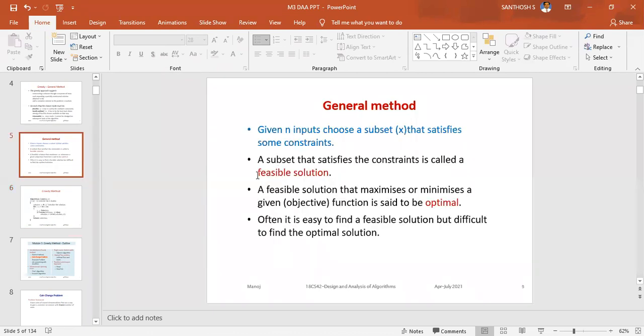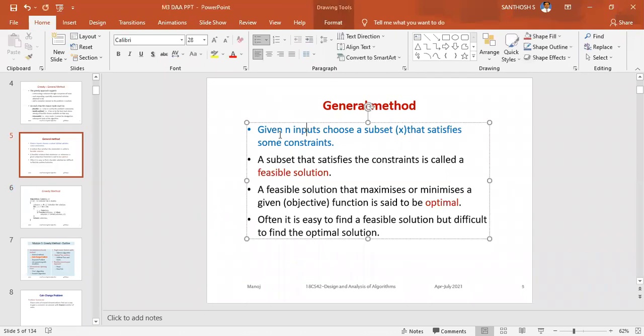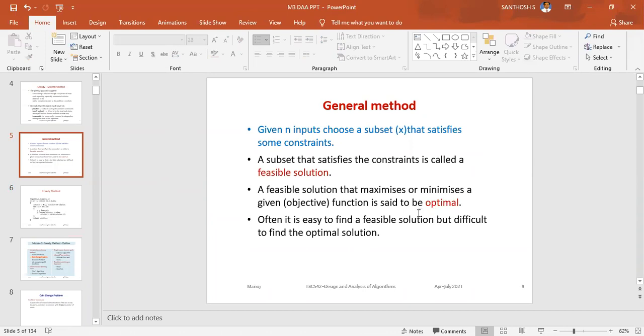So first step, this is n inputs. You choose the subset x. For each subset, you find which satisfy the condition, we call that a feasible solution, and which is minimum or which is maximum is said to be the optimal solution.